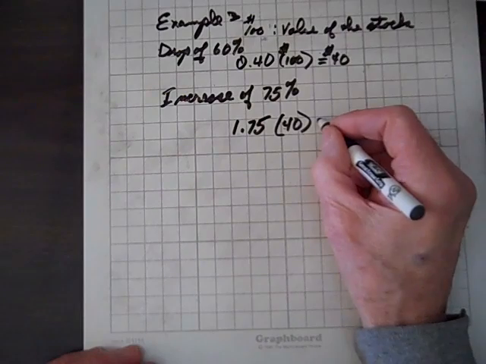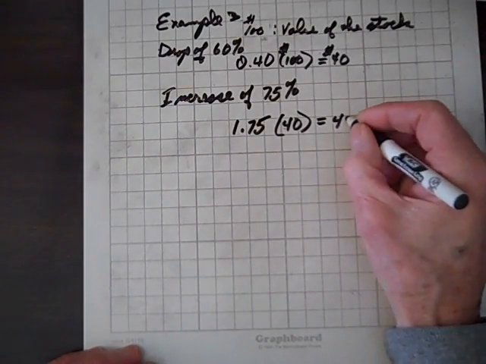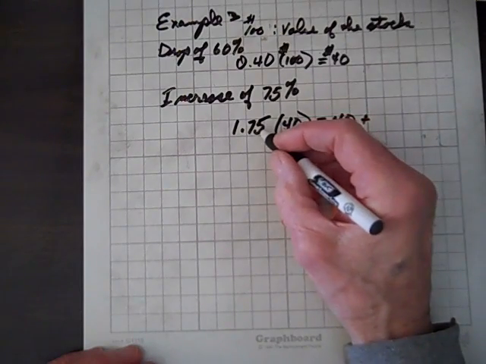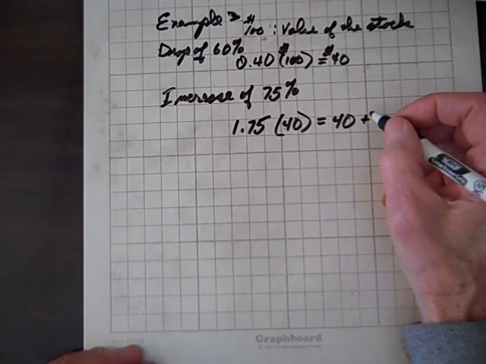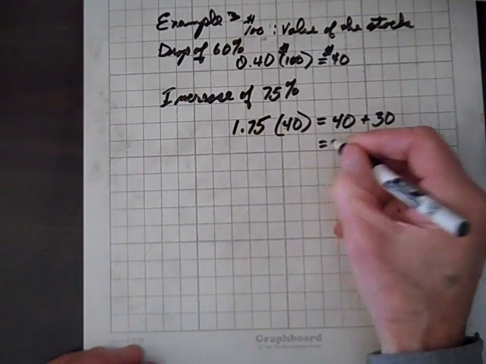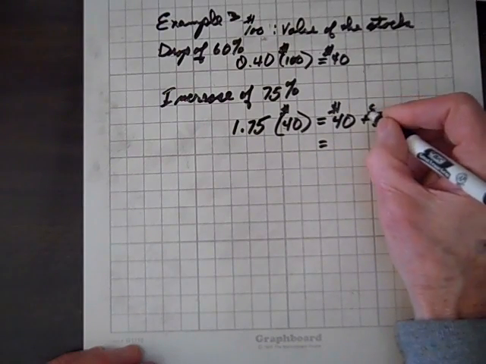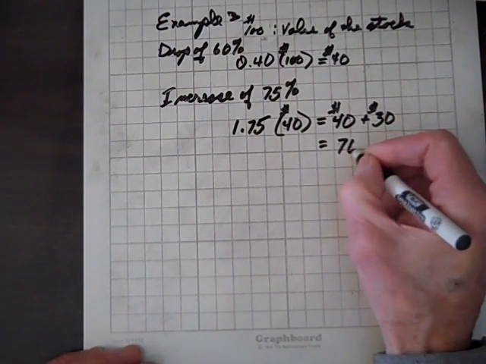And what we get out of that is 1 times 40 is 40, plus 3/4 of 40 is 30. So we get, and these should be dollars, $70.